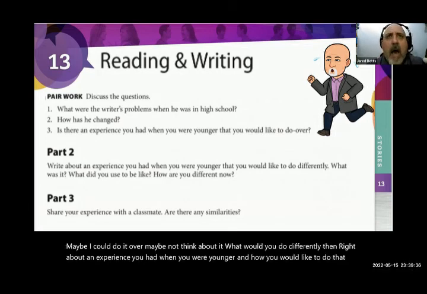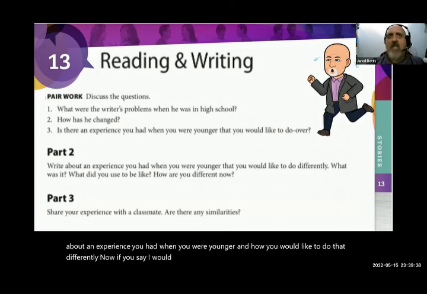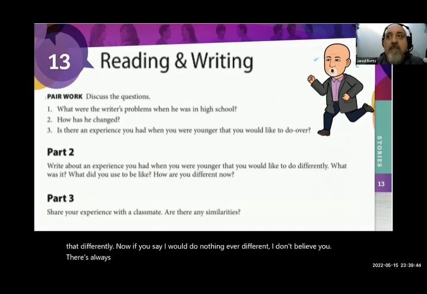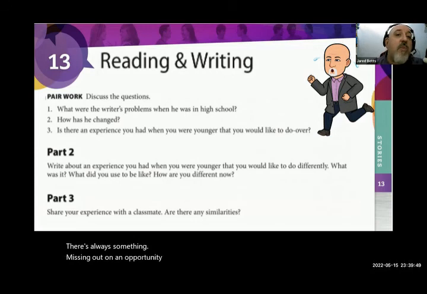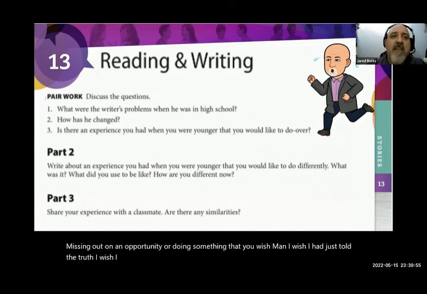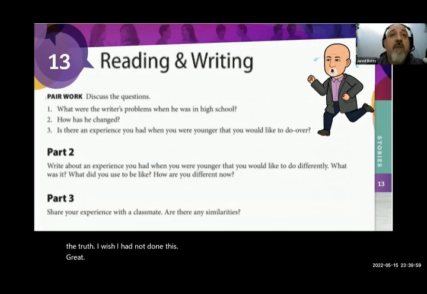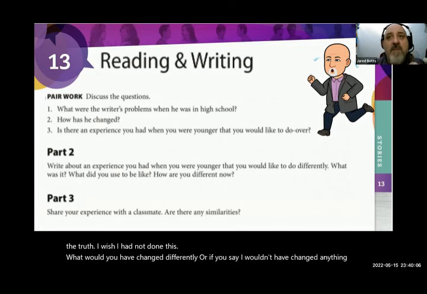Now, if you say, I would do nothing ever different, I don't believe you. There's always something. Missing out on an opportunity or doing something that you wish, oh man, I wish I had just told the truth. I wish I had not done this. Great. What would you have changed differently? Or if you say, I wouldn't have changed anything differently, why wouldn't you have changed it?